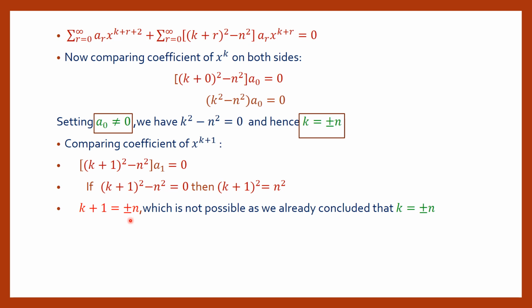Therefore, we have to change our selection. That means k plus 1 whole square minus n square is not 0. Whatever we had chosen is wrong. We have to choose a1 equal to 0. Then only the product of two terms is 0, with one term being 0. Then only this result holds. Therefore, we conclude that a1 equal to 0.